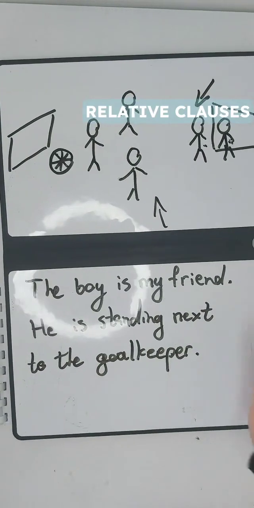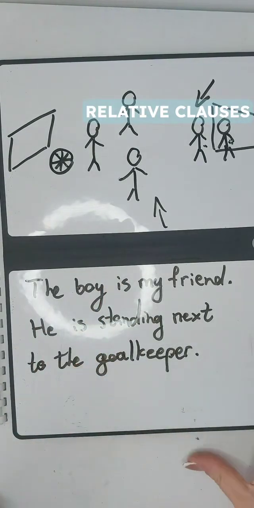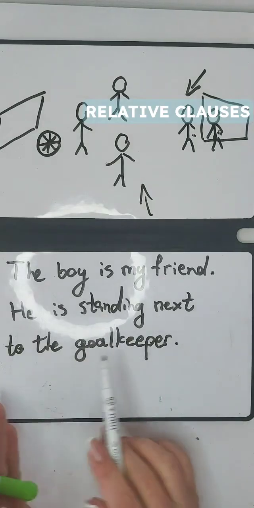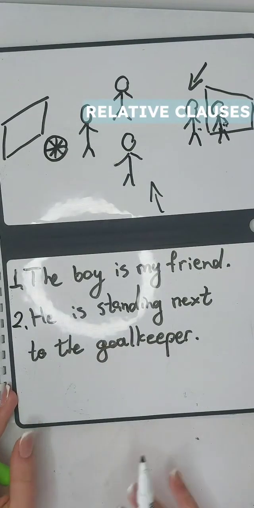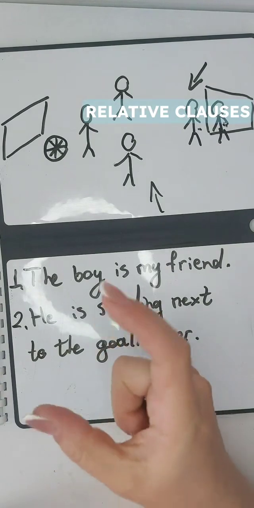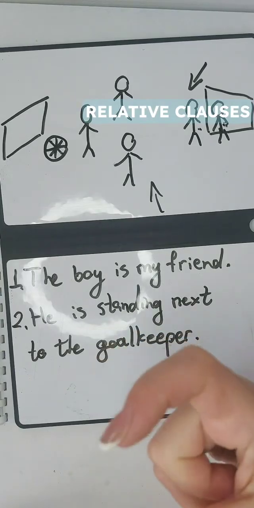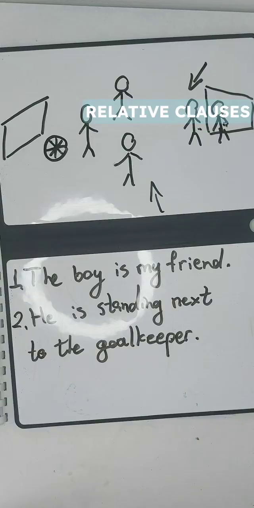But now you can notice I've used two separate sentences, right? The boy is my friend. He is standing next to the goalkeeper. There's nothing wrong with these sentences. They are perfectly correct. However, I've used short, separate sentences. That's how we start learning English at school. That's how we start learning a new language. We use short, separate sentences, right?